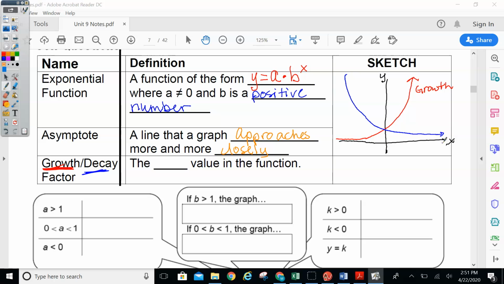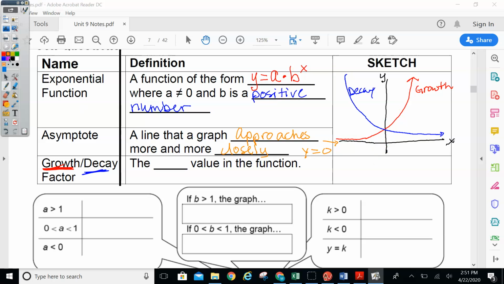So again, getting closer and closer to the x-axis. So the x-axis in this case is the asymptote. The y equals 0 line, which is the x-axis, is the asymptote for this one, but it changes if you shift it.